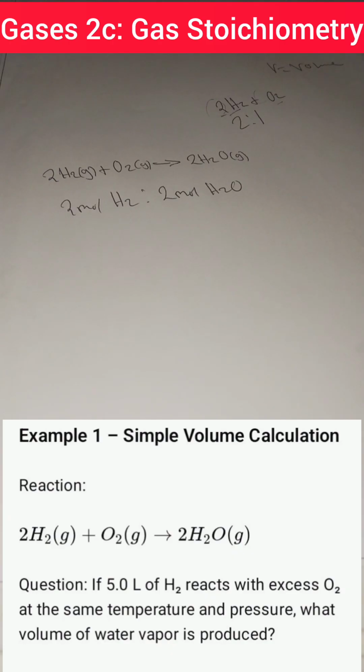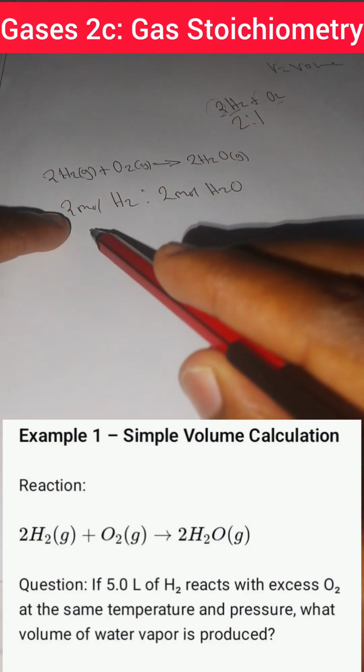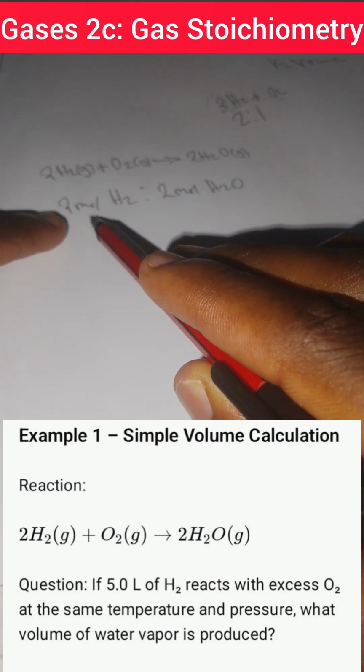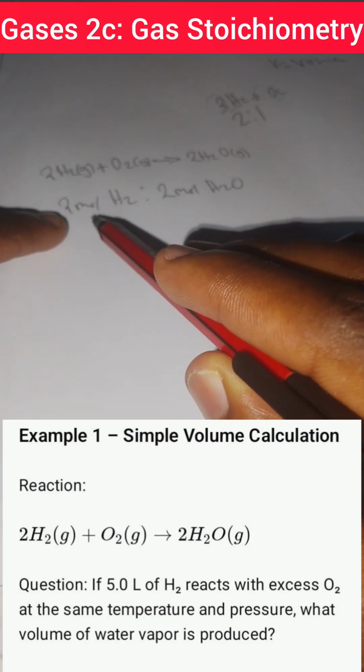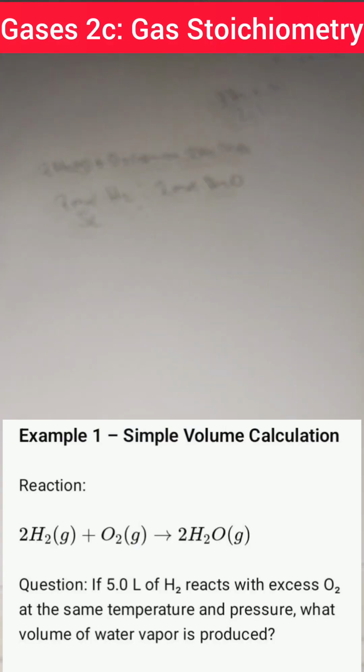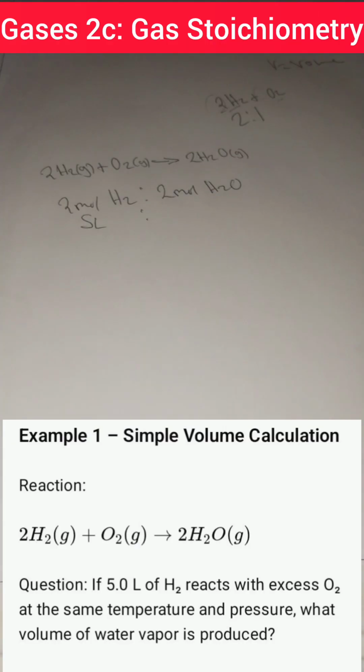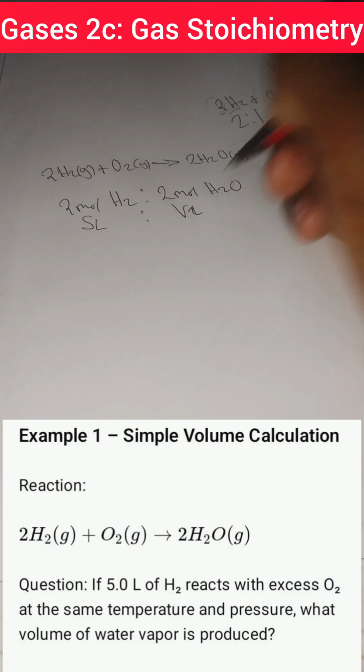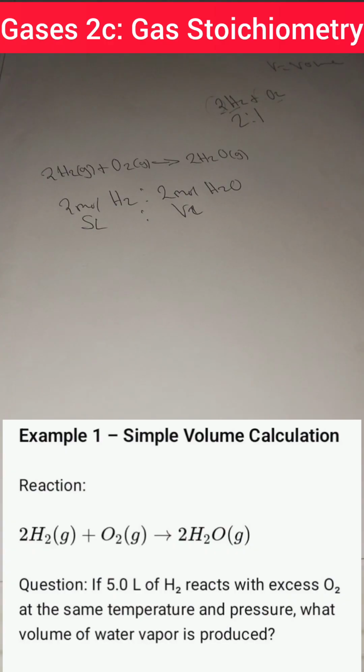Now we have been given the volume of hydrogen, which is 5 liters. So we put 5 liters there, but we don't know the volume of water. Now the game is simple. We cross multiply to find the volume of water.